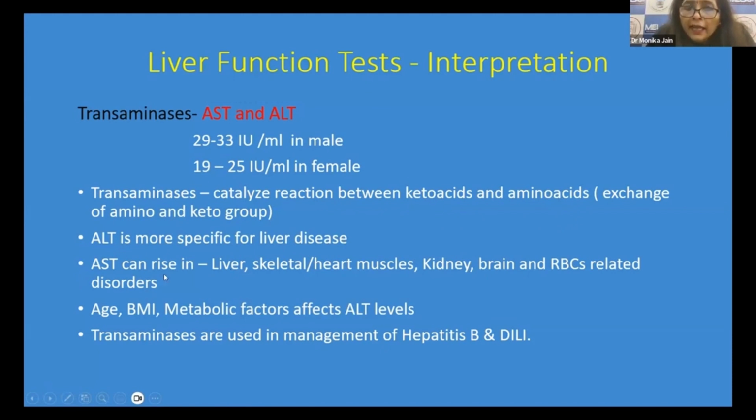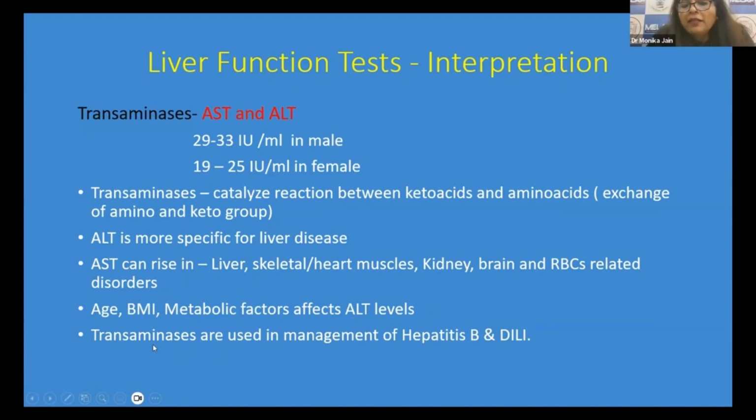AST can rise in liver disease. And besides liver, there are many other organs like skeletal muscle, heart muscle, kidney, brain, and RBC-related disorders in which AST can rise. Age, BMI, metabolic factors, they all can affect ALT levels.